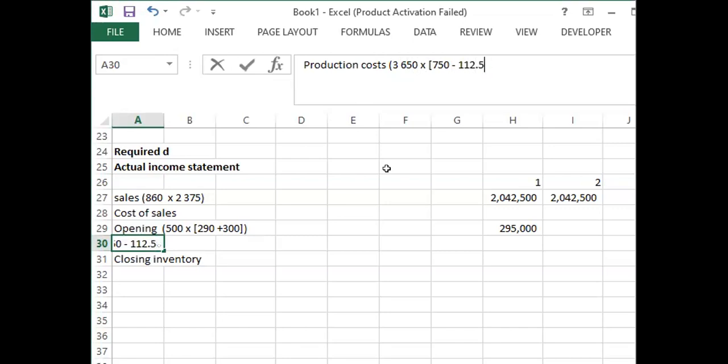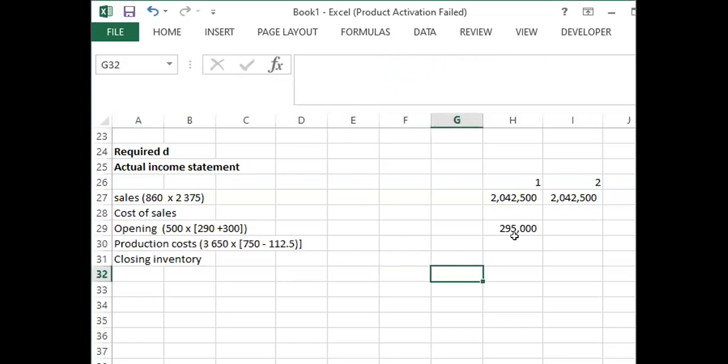That should give us the production costs. If you can punch it with me, this is 3650 times 750 minus 112.5. This is what we get there. Then what would be our closing inventory?